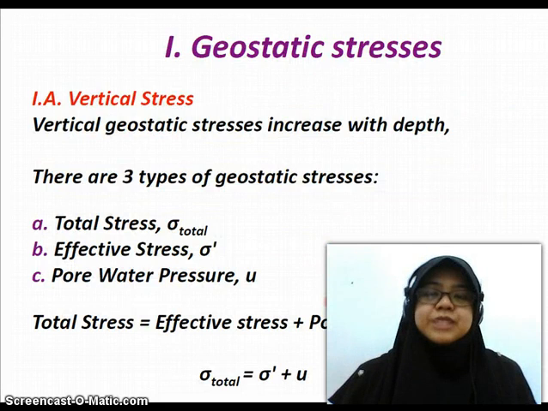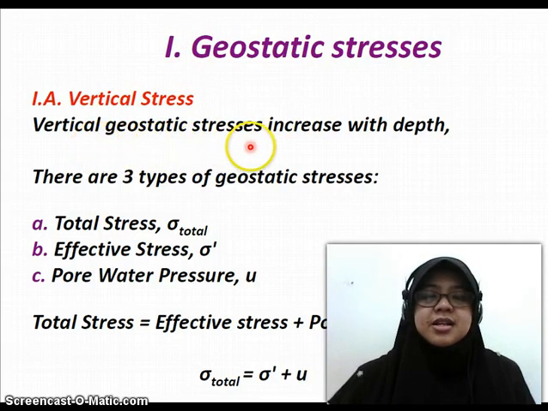So this first part of chapter 1 will cover the vertical stress. Vertical geostatic stress usually increases with depth.